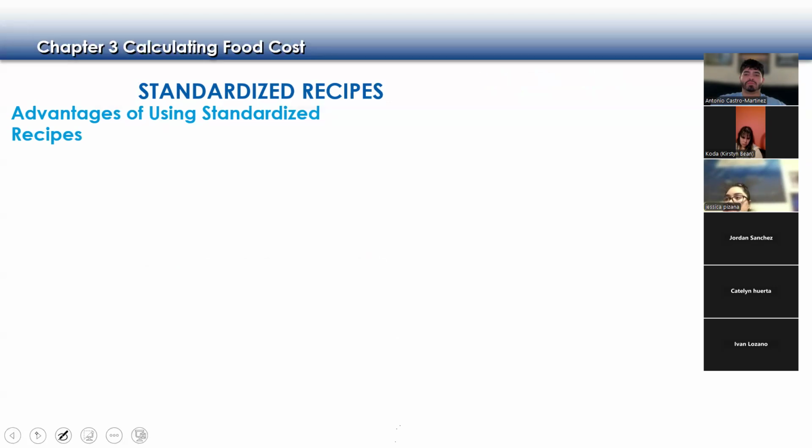Think about how you would explain to a 5-year-old what a standardized recipe is. Think about it for a second. Anybody online have any comments they'd like to share?